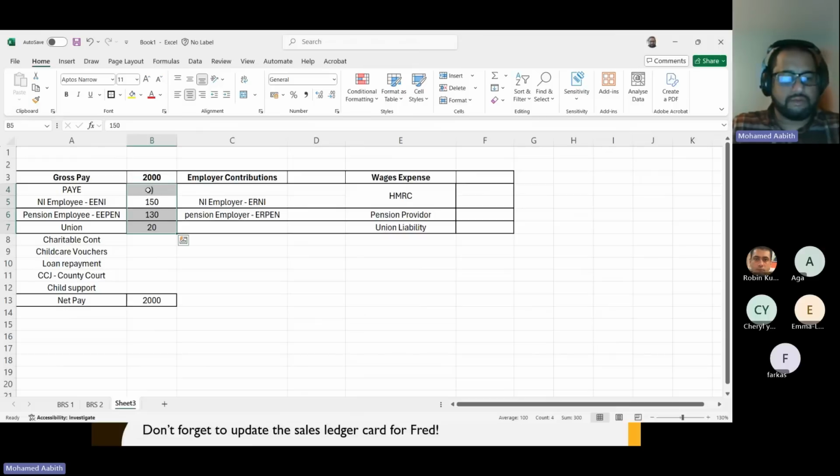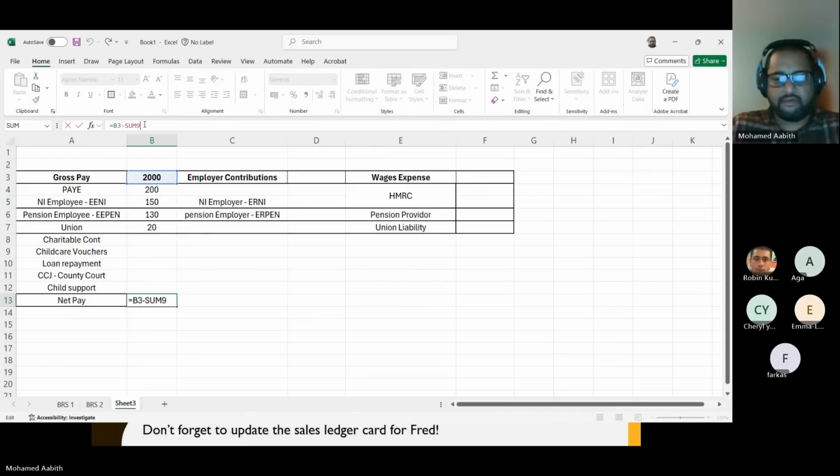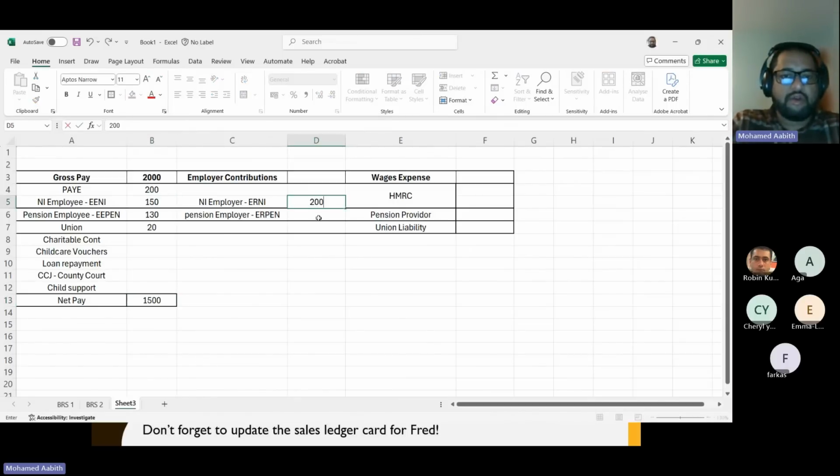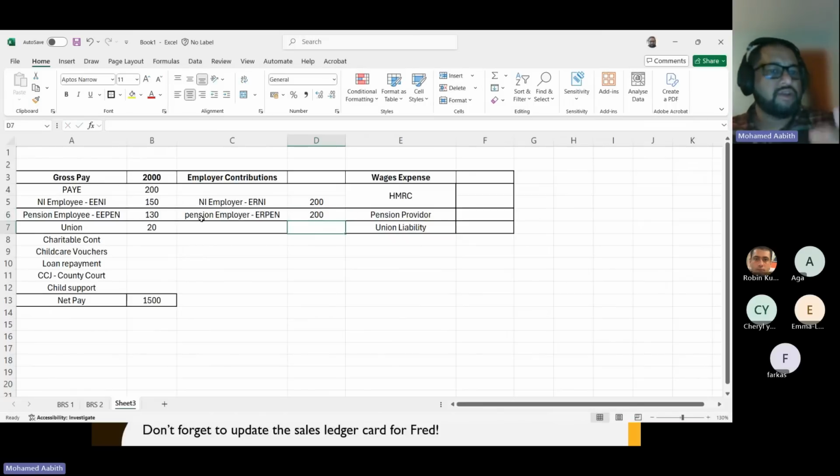So the sum of all of those numbers, 1,500. You take home 1,500. But when there is an employee contribution, the business also has to pay a slightly higher rate. So if you pay £150 national insurance, the employer's is £200.